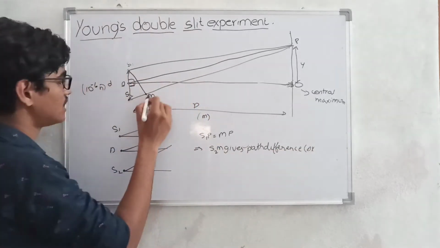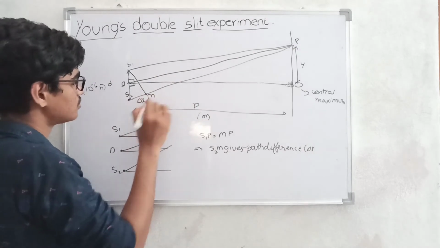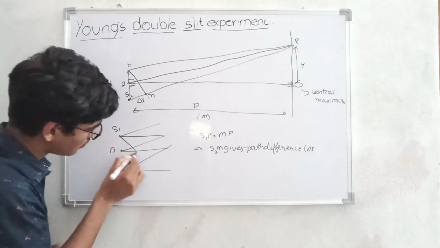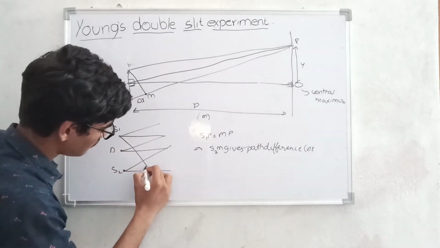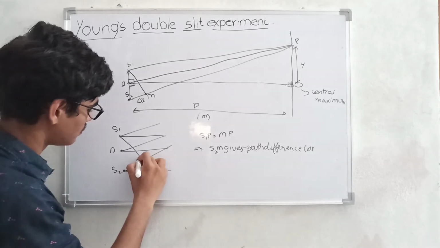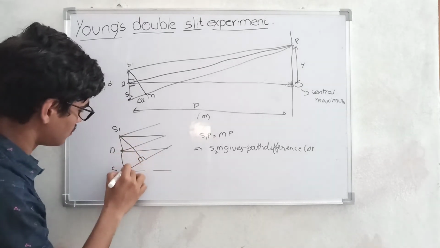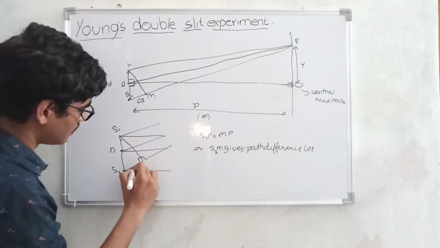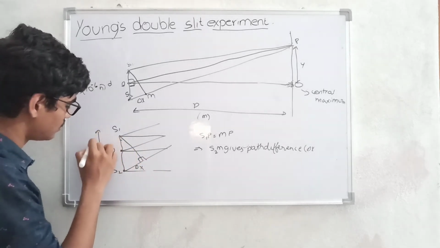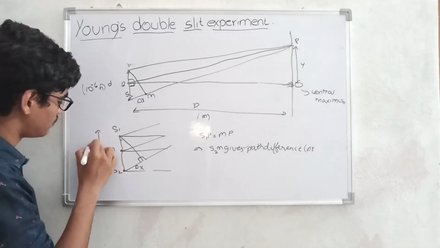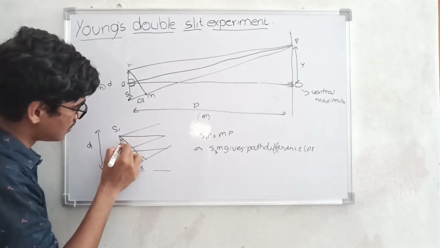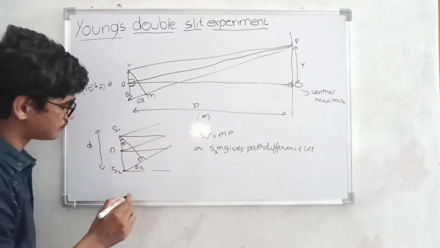Draw that here. And we prove that this is delta x, and the whole length here is small d, and it makes an angle theta with this straight line.